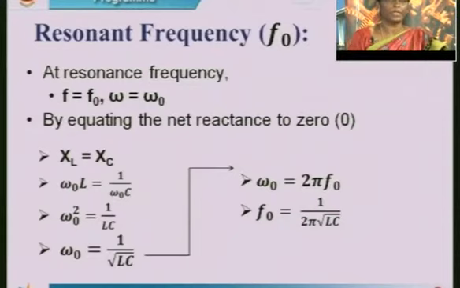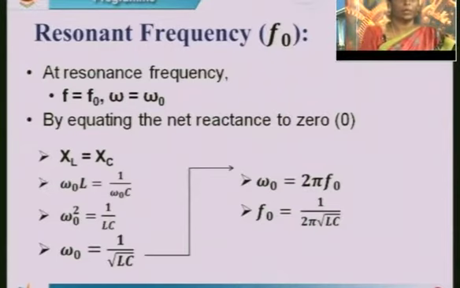Substituting XL, which is omega naught L, as we represent omega equal to omega naught at the resonance frequency, omega naught L is equal to 1 by omega naught C. On simplification, by cross multiplication, omega naught square is equal to 1 by LC, where omega naught equals 1 by root of LC.